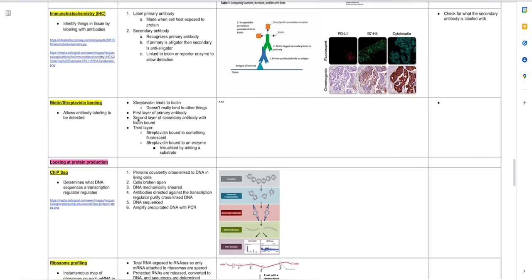Then you break the cells open and cut up the DNA. Then comes the immunoprecipitation part: you use antibodies directed against the transcription regulator to purify the DNA you cross-linked earlier. Then you sequence the DNA, and you can amplify it with PCR so it would be easier for you to analyze.